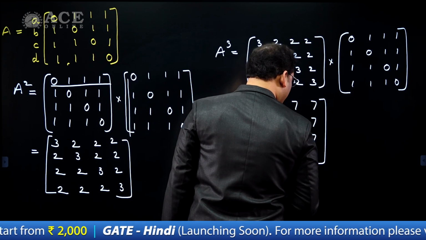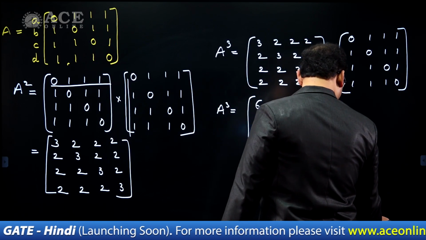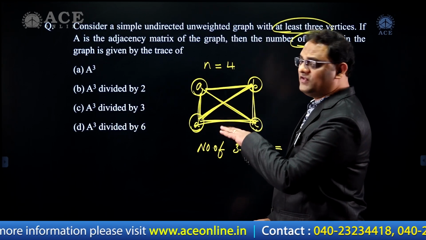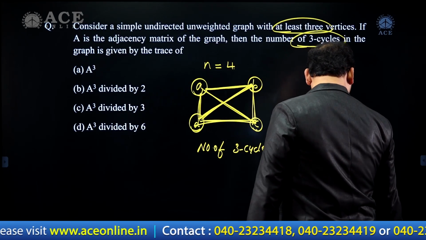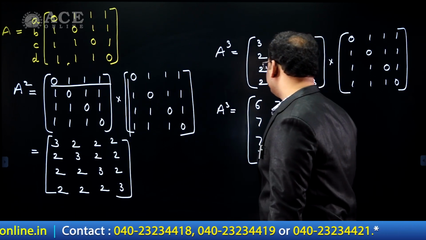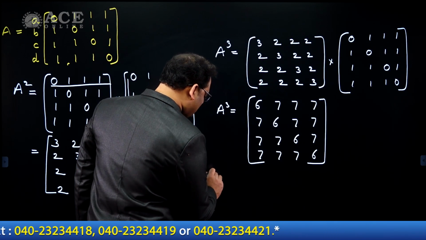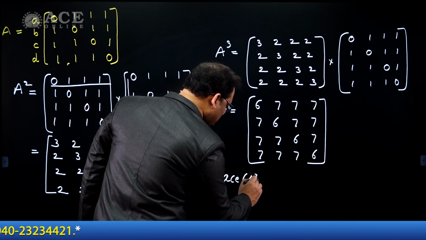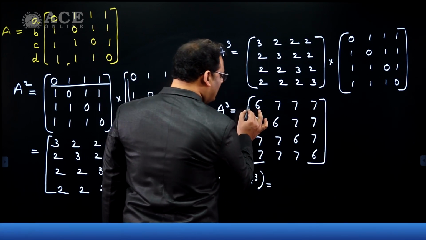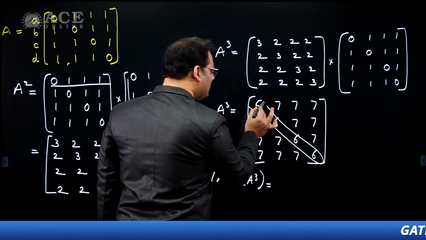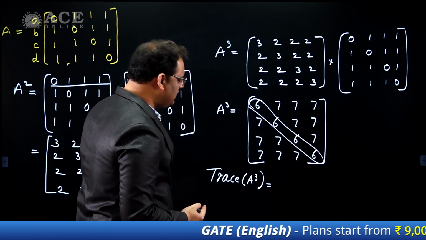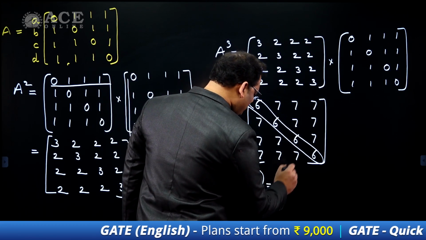Sir, this is your matrix. Sir, if you see the options, you are talking about the trace of the matrix and all. So let us think about the trace. Here, the trace of the matrix A cube is 6 plus 6 plus 6 plus 6, the sum of principal diagonal elements, you can say, right? So it is 24.